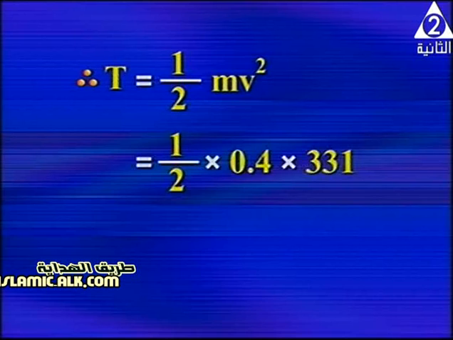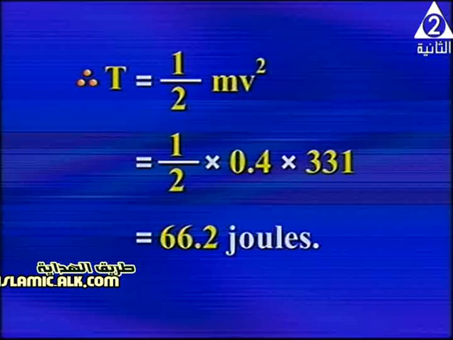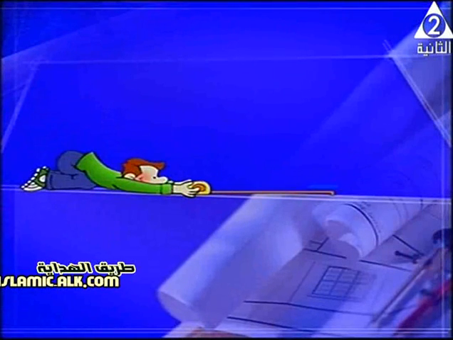Then kinetic energy T equals half m v squared, half times 0.4 times 331, which equals 66.2 joule. Another example.